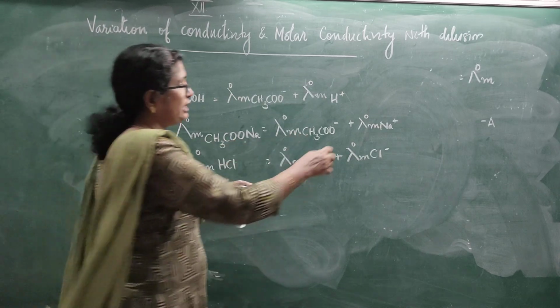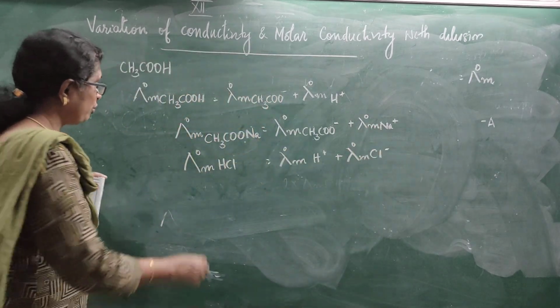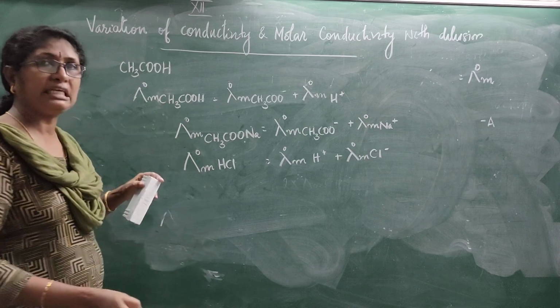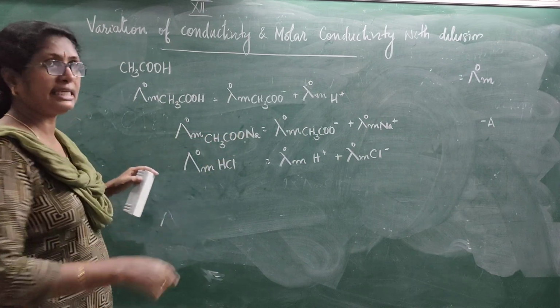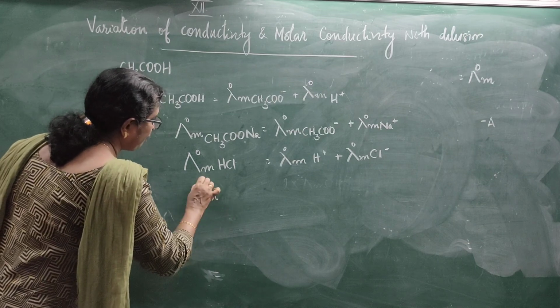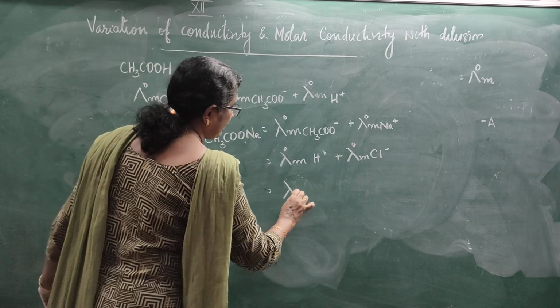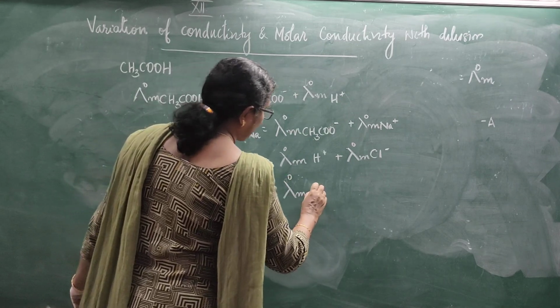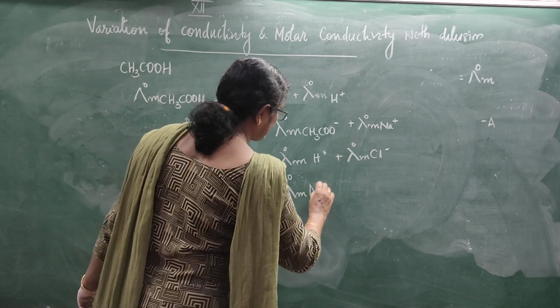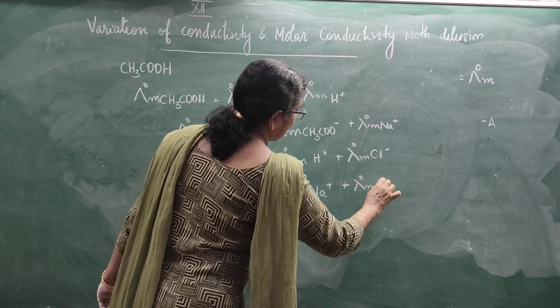But you see these two ions, Na+ and Cl-, we don't need them, isn't it? So you find an electrolyte which contains both these ions, that is Na+ and Cl-, sodium chloride. So lambda m naught of NaCl is equal to lambda m naught of Na+ plus lambda m naught of Cl-.